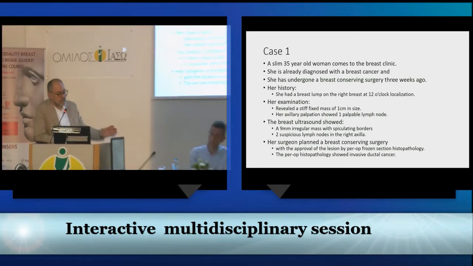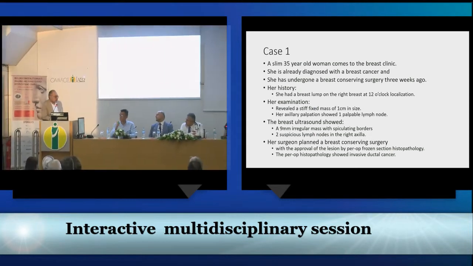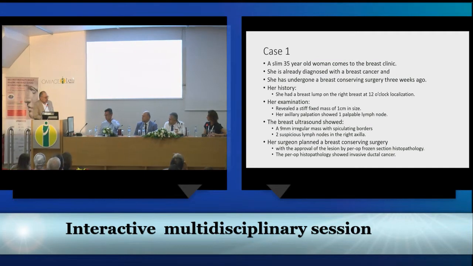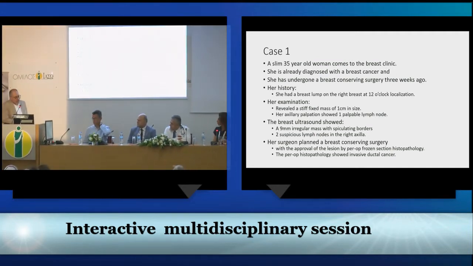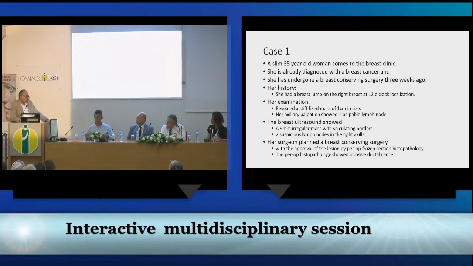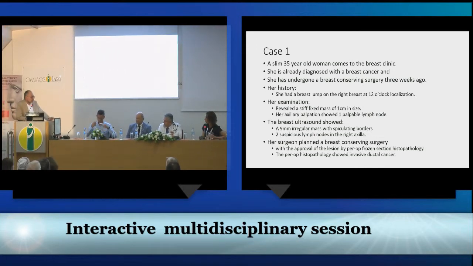Yeah, so she may have multifocal or multicentric disease. That's why you do the mammogram plus MRI, because of the density. And you would do the core biopsy of the lesion as well. Would you do the axilla, ultrasound or biopsy? The axilla is positive on ultrasound. So would you do the biopsy of the axilla?